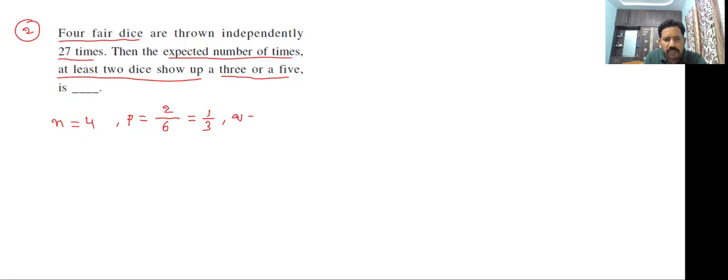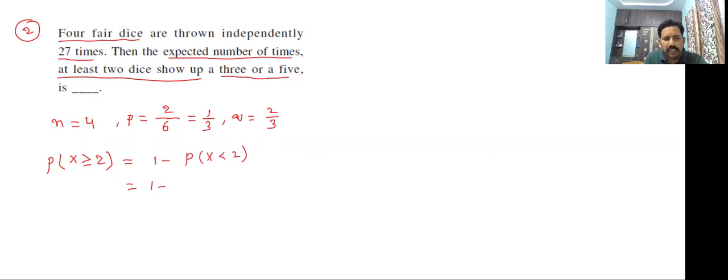Then what is Q, students? 1 minus 1 by 3, that is 2 by 3. But here, probability of at least two dice they are giving. P of x greater than or equal to 2. That means I am writing 1 minus P of x less than 2.